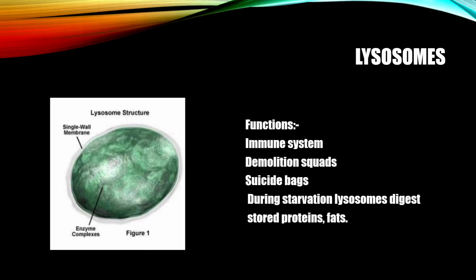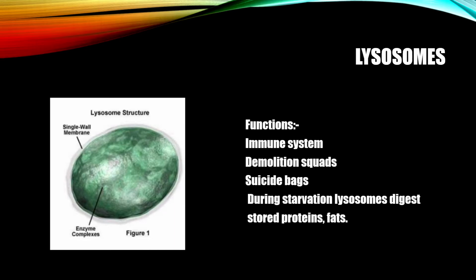The first function of lysosome is that it is an immune system. It destroys viruses and bacteria that attack the cell. The second function is demolition squads. It destroys worn out cellular organelles and organic debris. This is also called autolysis. Then the third function is suicide bags. They work as suicide bags.